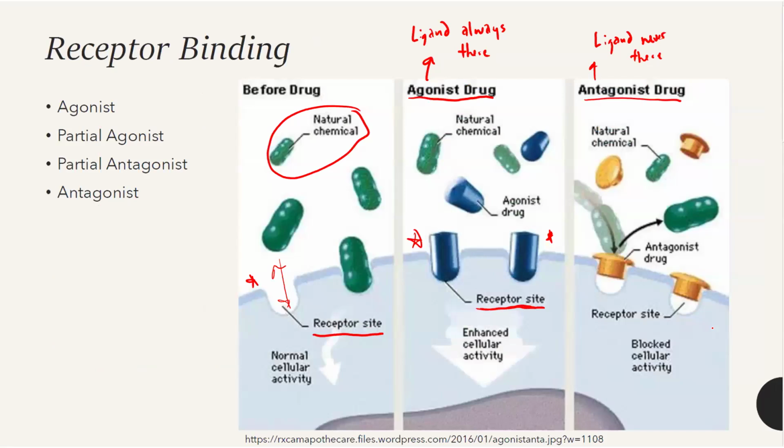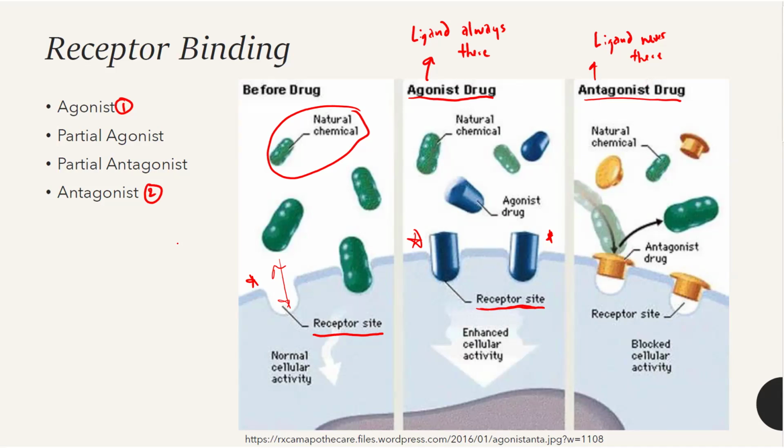Here, however, receptor binding, I want you to know what an agonist does and what an antagonist does. For the partial agonist and partial antagonist, just know that they don't do it quite as effectively. A partial agonist is not going to say that the ligand is always there, but it would be stimulating the cell in a way that the ligand's there more.